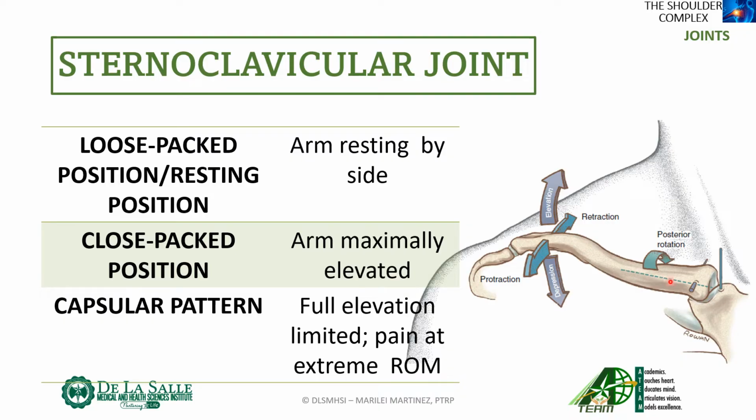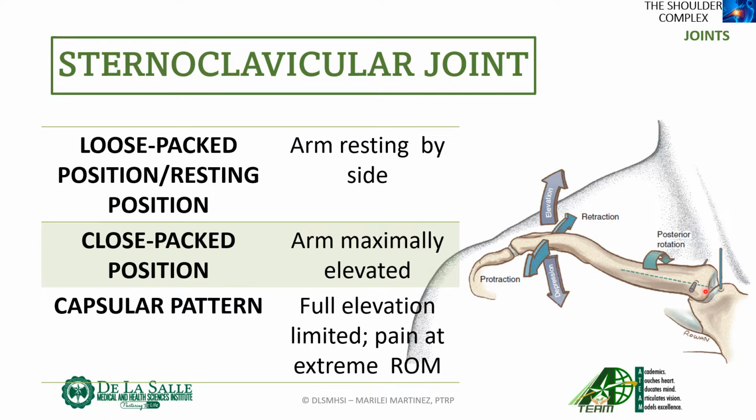With that, the passive separation of the joint surfaces will be the greatest. Since there is minimal congruency between the articular surfaces and the passive separation of the joint surfaces is greatest here, it provides proper joint lubrication and allows arthrokinematic movements in the joint.